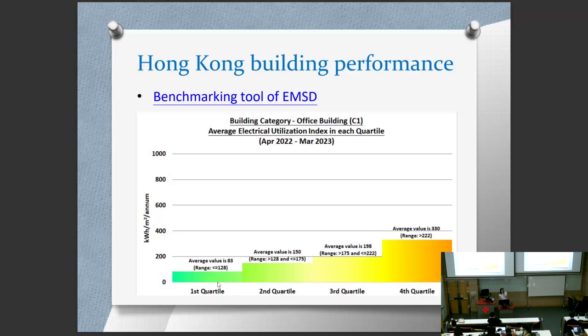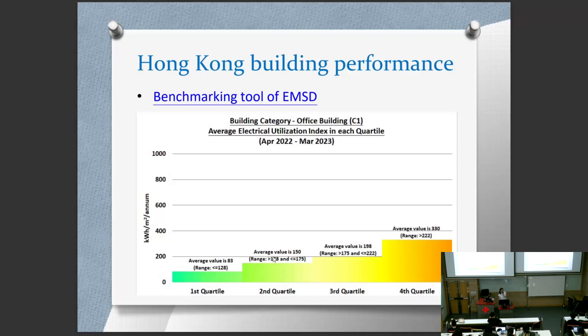So for the first quartile, it would be the office building with annual energy consumption less than 128 kilowatt hour per square meter. Okay? And then for the second quartile, for higher energy consumption. So this is lowest energy consumption, and then higher and higher, and the highest.